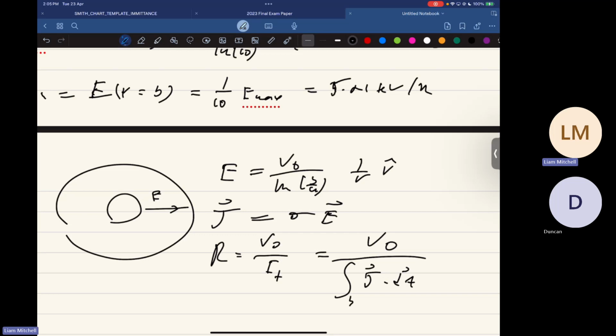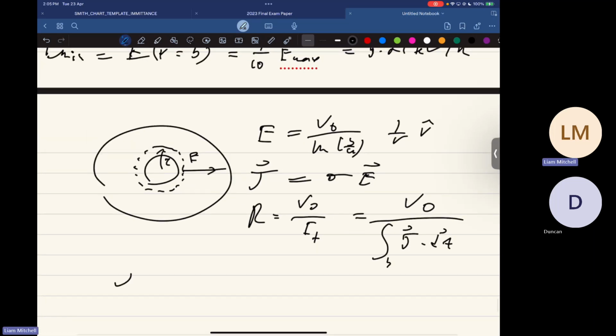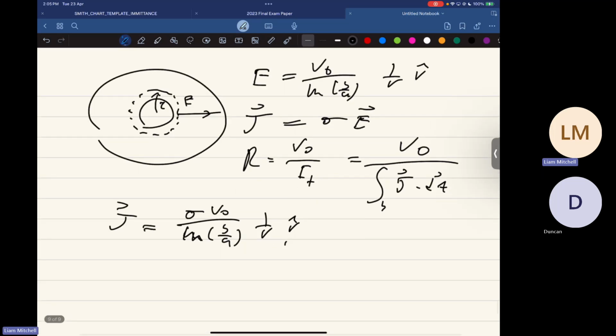So we take a surface around this at some radius r, and we integrate our J through the surface, and this is going to be our total current, right? We know that our J is sigma v naught over ln b on a, times 1 over r, r hat, because r hat is radial and our dA is also radial.